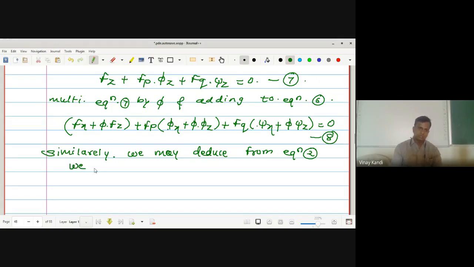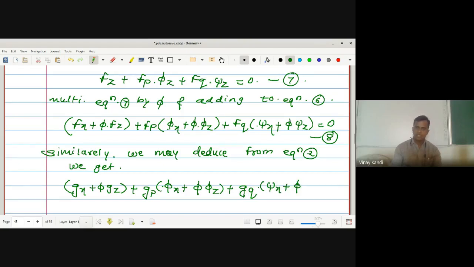We get, similarly for the function g, gx plus phi gz plus, now instead of f we get gp into phi x plus phi phi z plus gq into psi x plus phi psi z, which is equal to 0. Give it equation number 9.